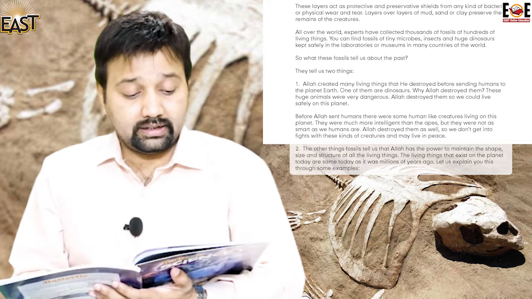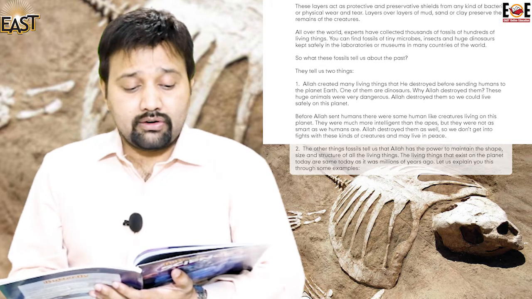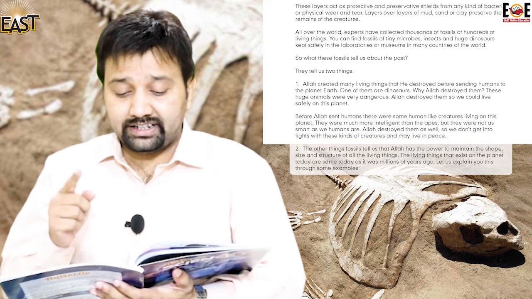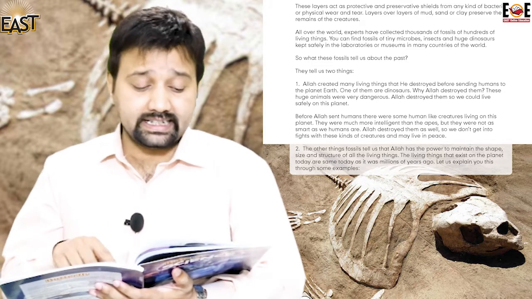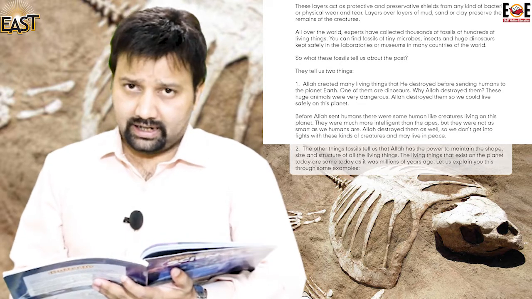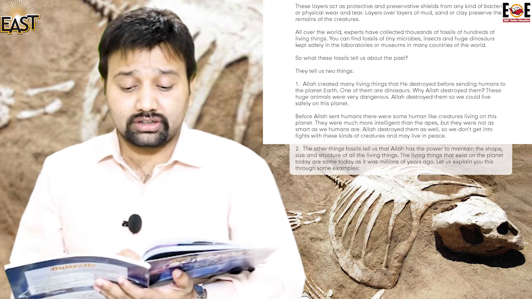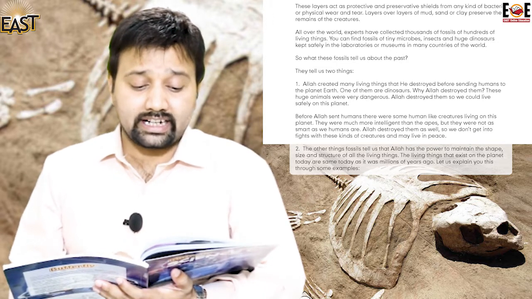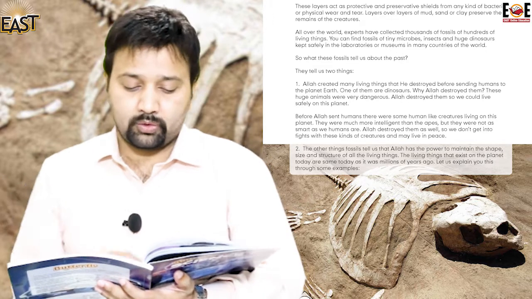Second, fossils tell us that Allah has the power to maintain the shape, size and structure of all the living things. The living things that exist on the planet today are the same as they were millions of years ago.